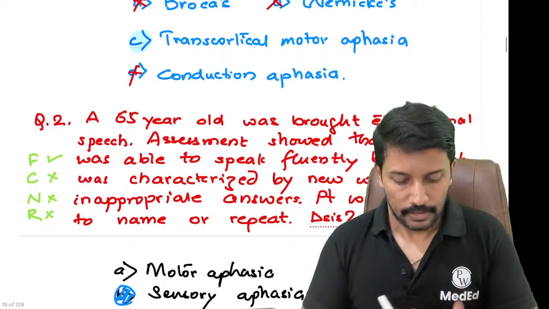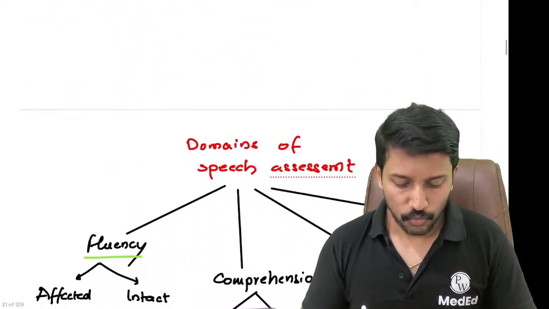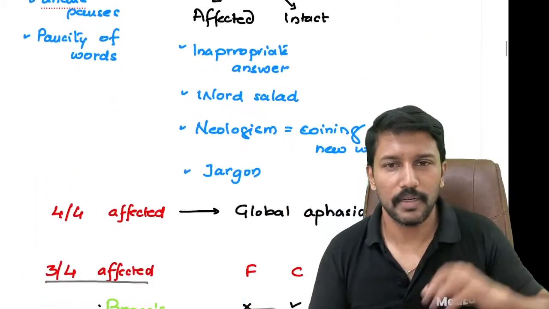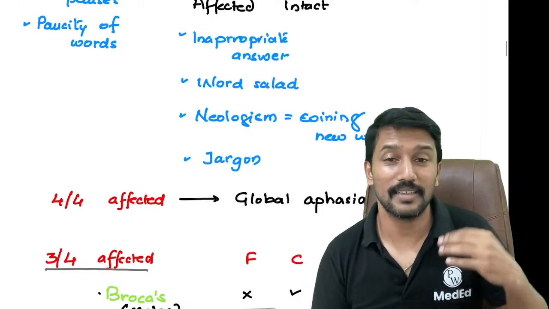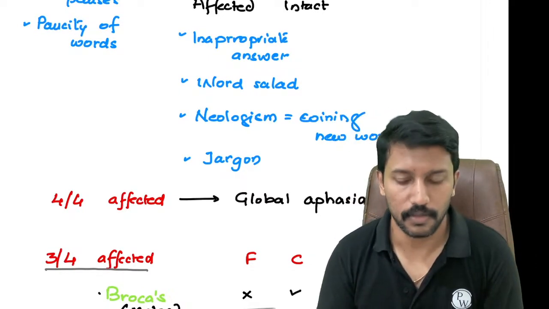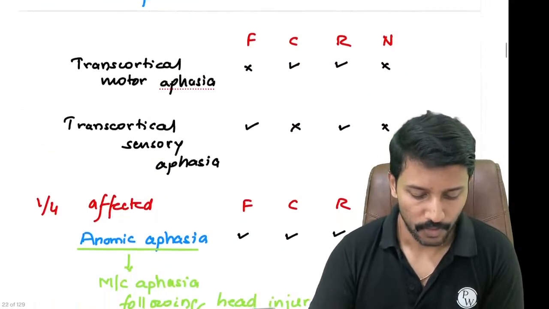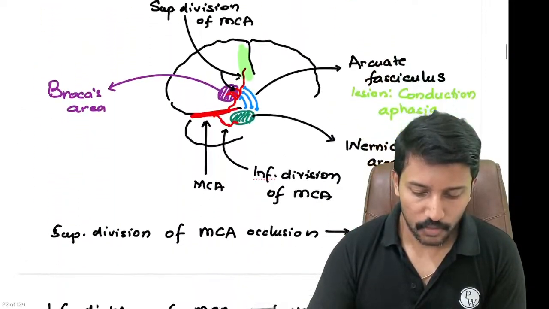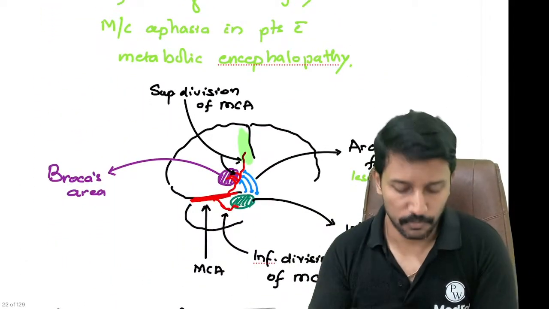Okay. Then they will ask you one more level of question. They will tell you the story, you have to recognize which aphasia it is, and then they will ask you where is the site of lesion. So for that, we will just take a quick look at how the speech system functions.